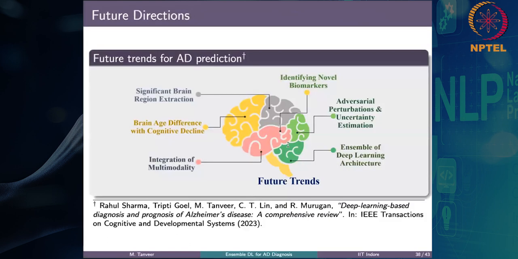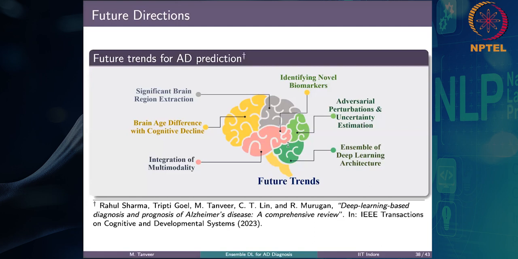Now these are the future trends of Alzheimer disease. If you are really interested in working in this direction, there is a lot of scope. We can see that we have some deep learning architectures used in brain age estimation, including feed-forward neural network, convolutional neural network, VGGNet, ResNet, and ensemble of deep learning models.